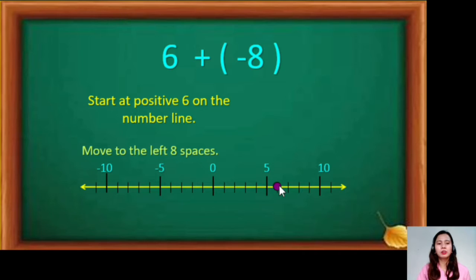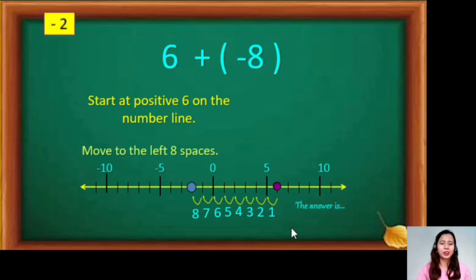Let us count 8 spaces going to the left. 1, 2, 3, 4, 5, 6, 7, 8. And it stops at this point. That point represents what integer? Okay, very good. Negative 2. Meaning to say, 6 plus negative 8 is negative 2.